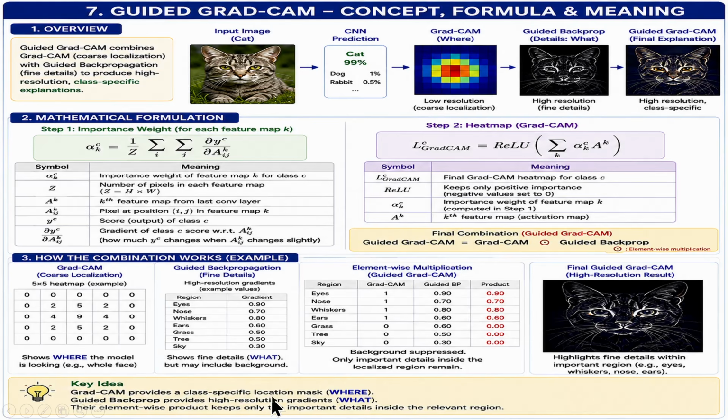GradCam provides a class specific location mask where we know where to look to get to the class prediction. Guided backprop provides high resolution gradients. When you combine both, we will get a very crisp and sharp output, and that's why we are using guided GradCam.